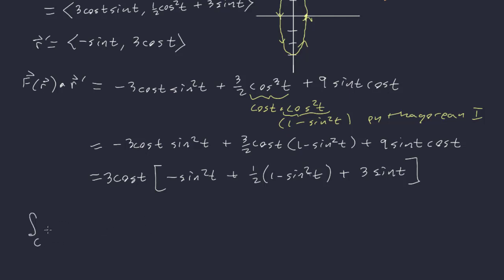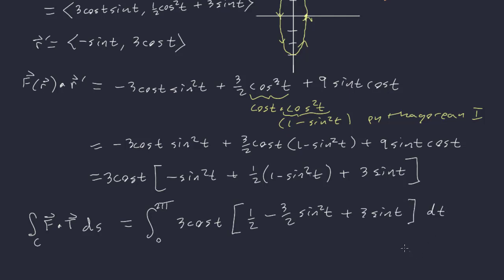All right, so our line integral over c of f dot t ds will be the integral from 0 to 2 pi, okay, of this monstrosity here. I'm going to simplify this a little bit because this is 1/2 minus 1/2 sine t. So these sine squared t's can come together and I would get 3 cosine t. All right, then I'll get 1/2 minus 3/2 sine squared t plus 3 sine t.